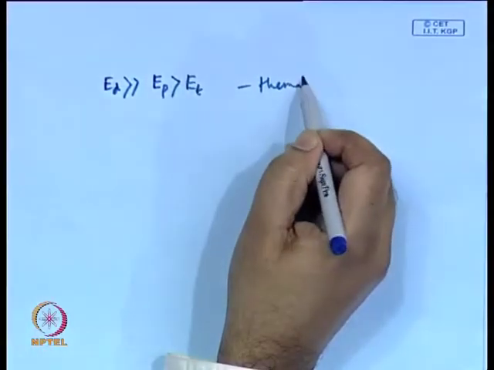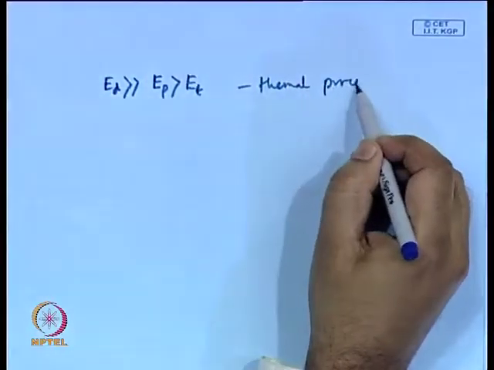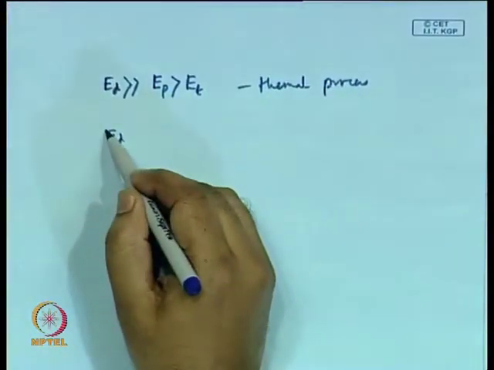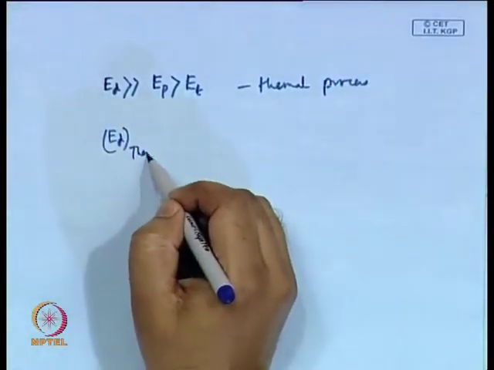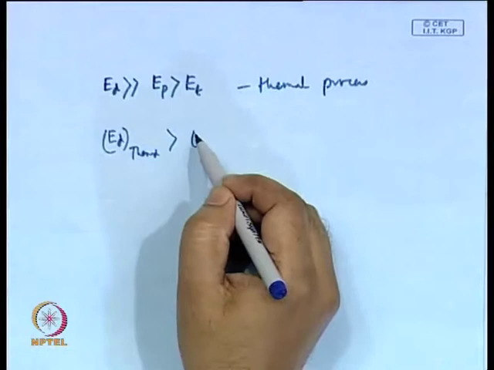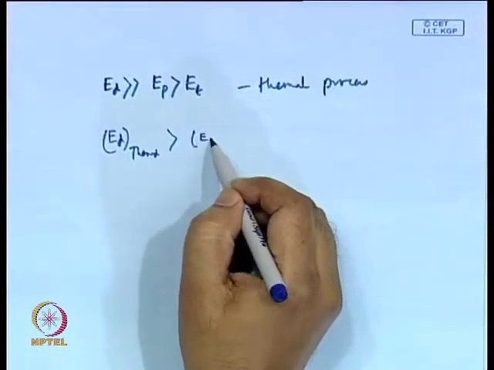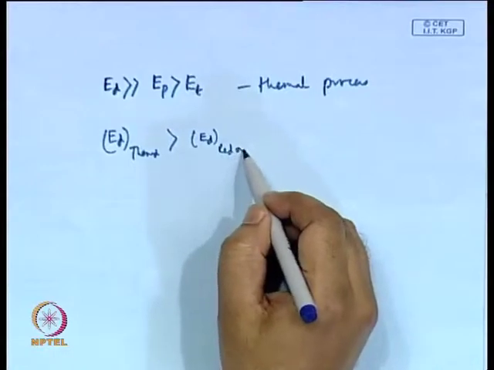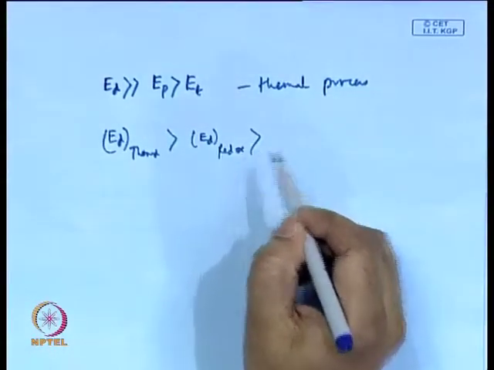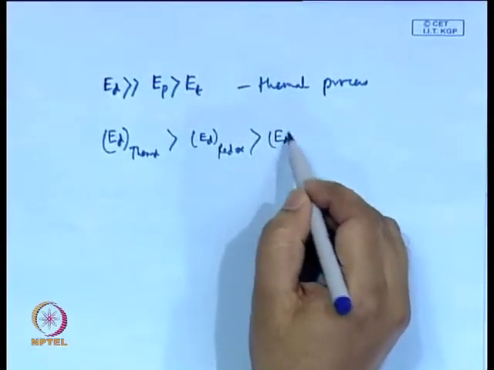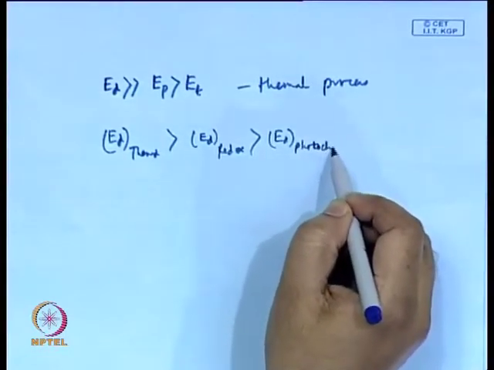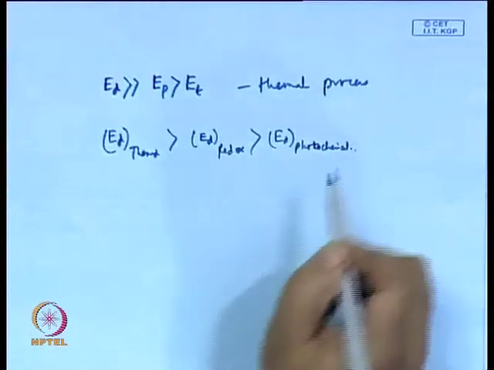thermal process, and also ED for thermal was higher than ED for redox, than ED for a photochemical process.